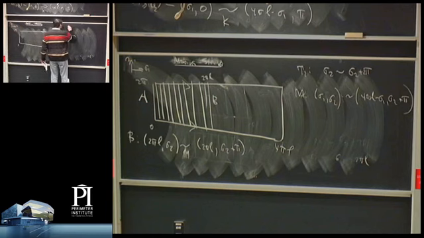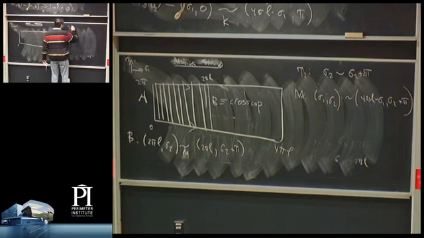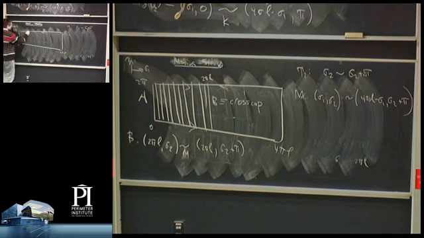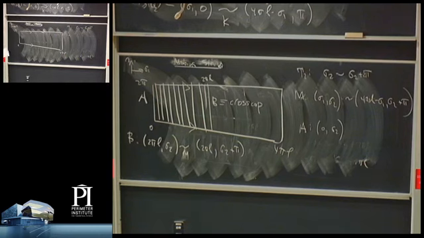So here there is only one identification, T2, which is sigma 2 identified with sigma 2 plus 2 pi. So again, there are two ways we can describe a fundamental domain here.